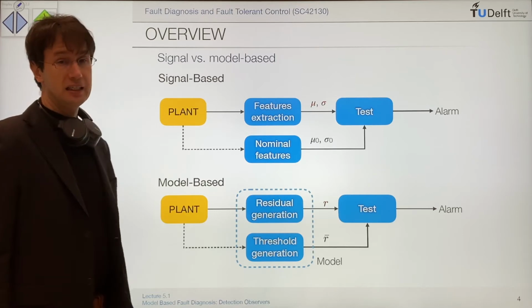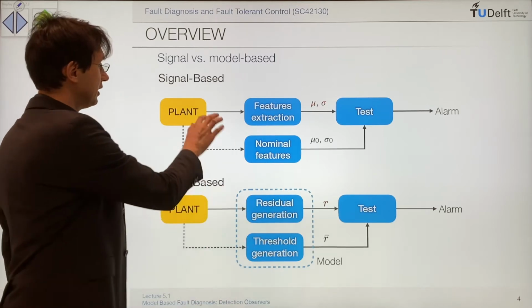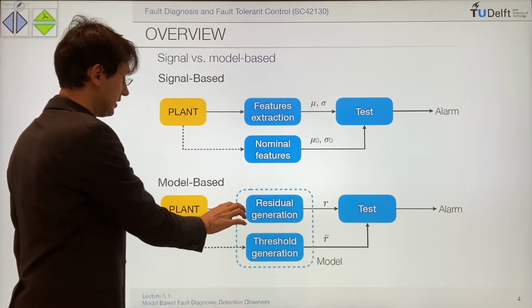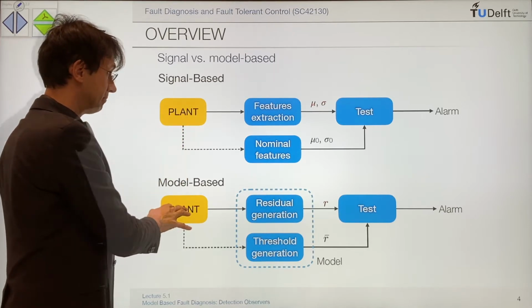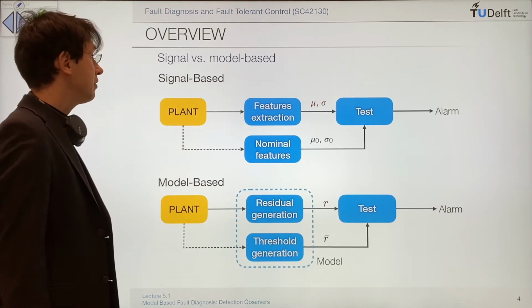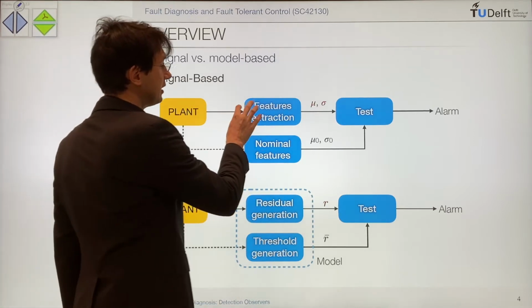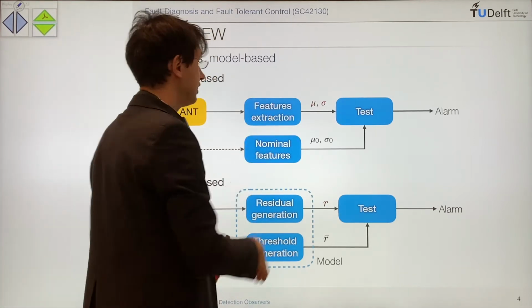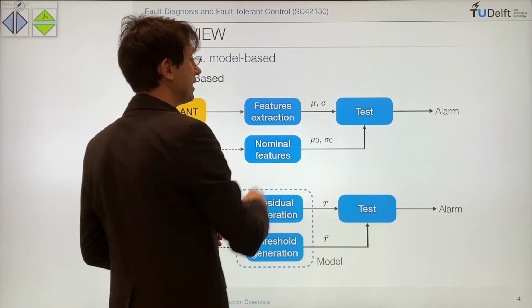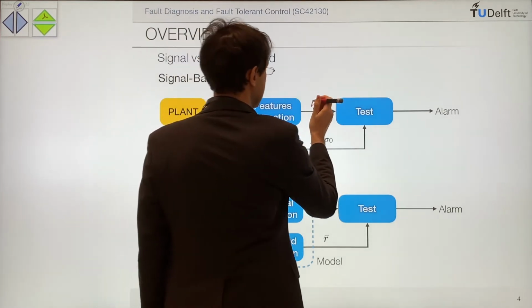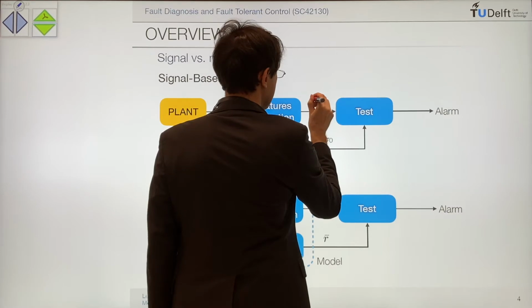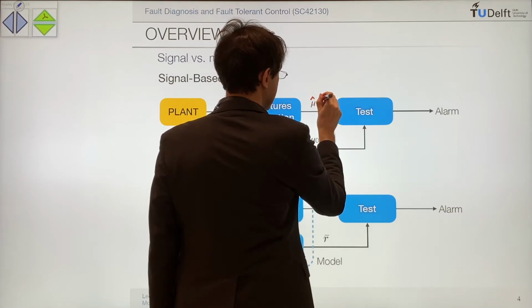So the parallel is that, of course, in both cases, we are taking observations from the system that we call plant here. But in the case of signal-based approaches, we just assumed that we can extract some features such as the actual empirical mean and variance. So let us add the hat here.